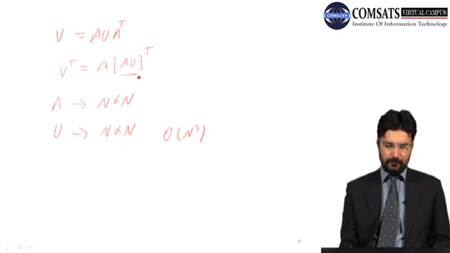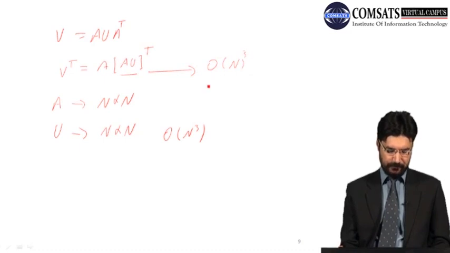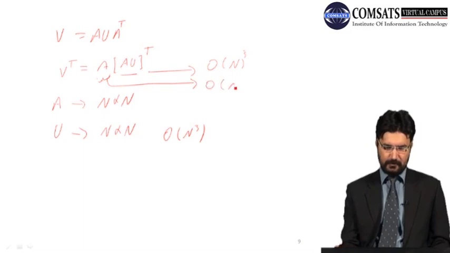So now first, if we want to take the multiplication of A and U, then this will be of order N cube. Okay, and then after that we take the second operation, and that is to multiply it with the A. And this is also of order N cube.